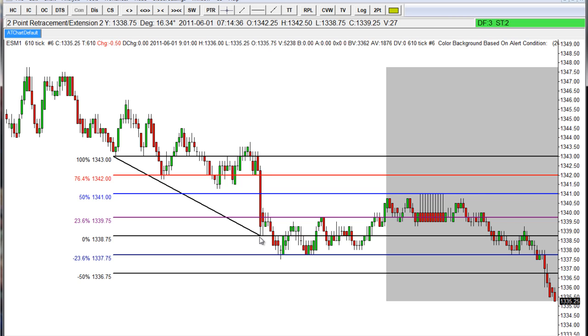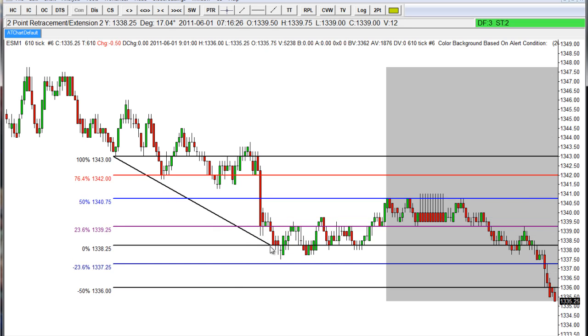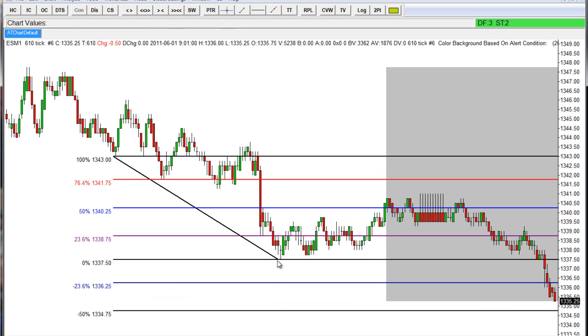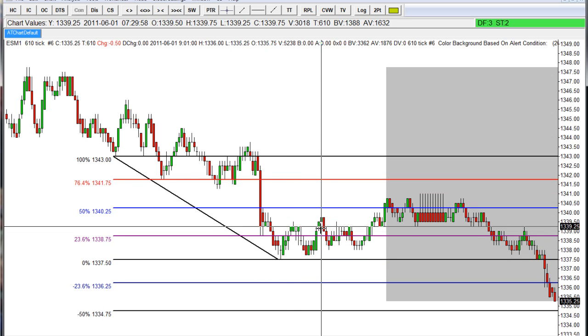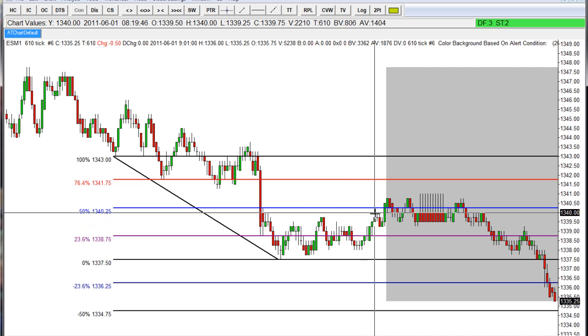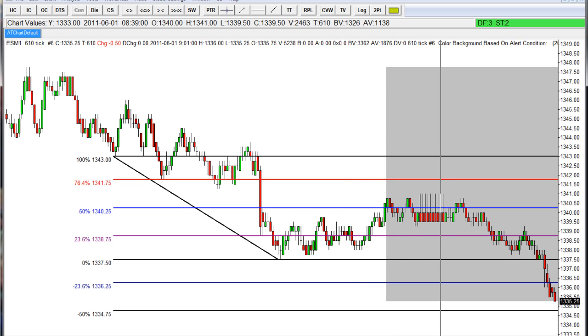As you can see, price then gets to the -23.6% line, retraces back to the 0% line. So I would move the 0% line over here. Okay, and this would be the most current fib when the market opens.